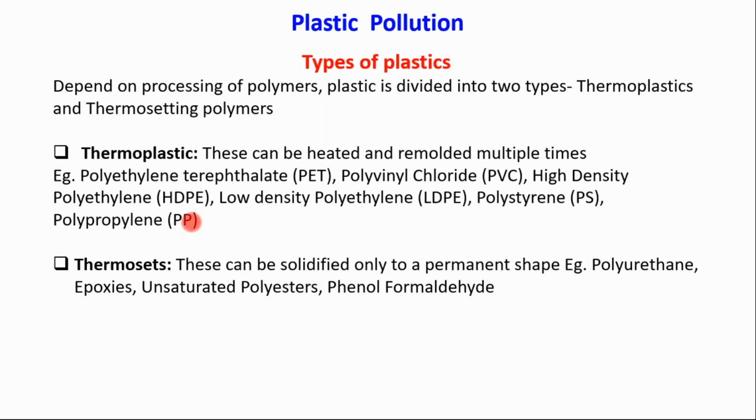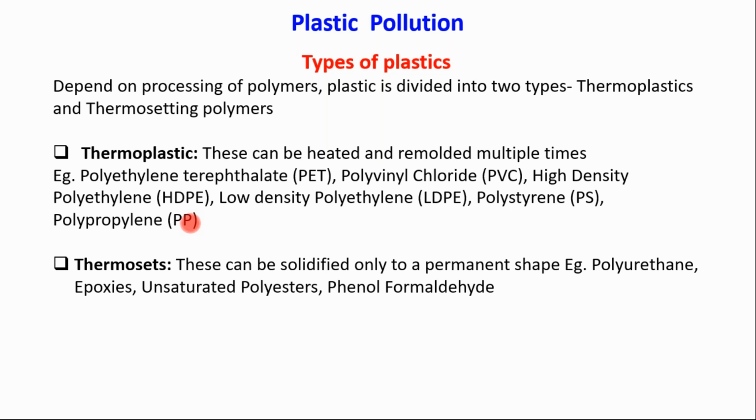And the bottles we use in daily life are normally PET bottles. So there are a variety of materials used in daily life that are thermoplastics, which can be remolded multiple times with the help of heat, and that is why these are recyclable plastic materials.